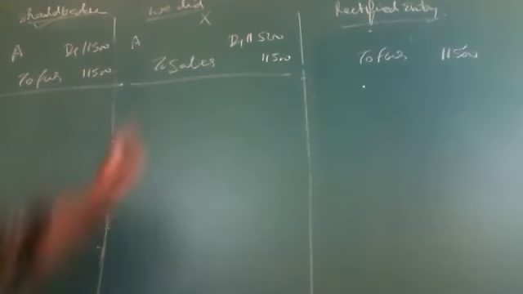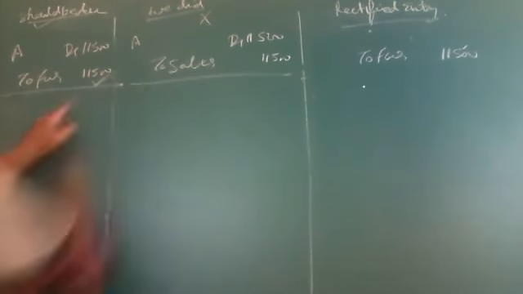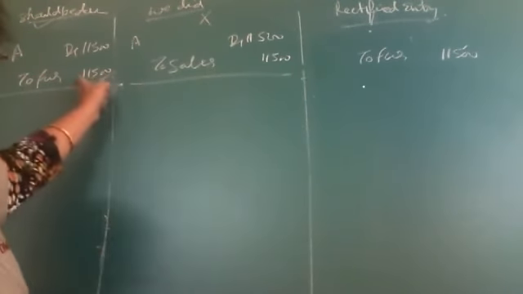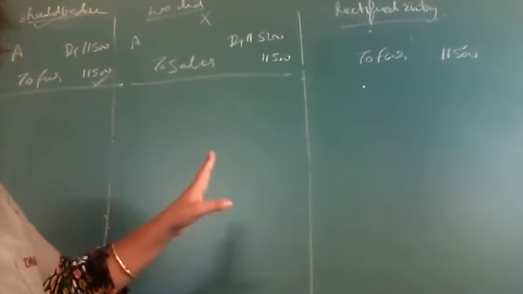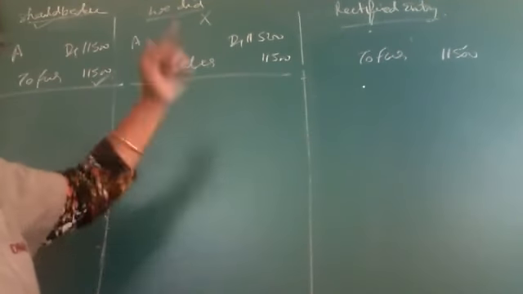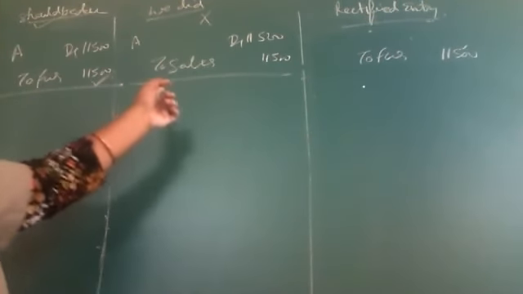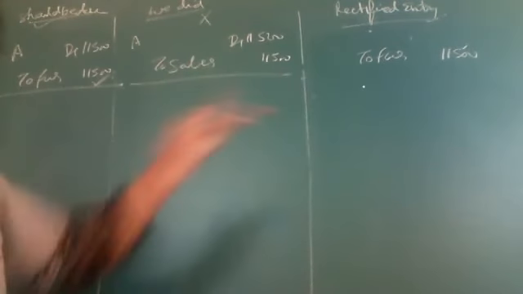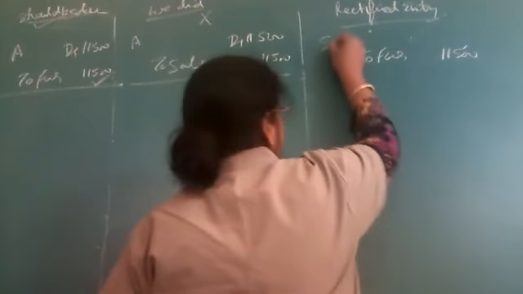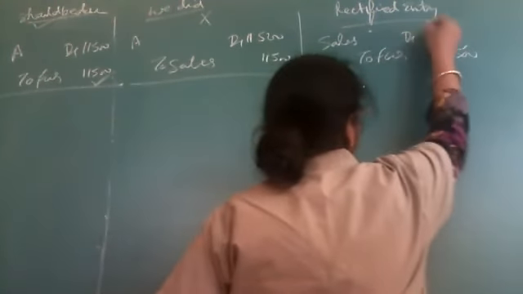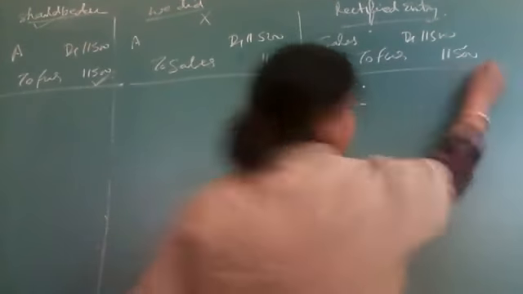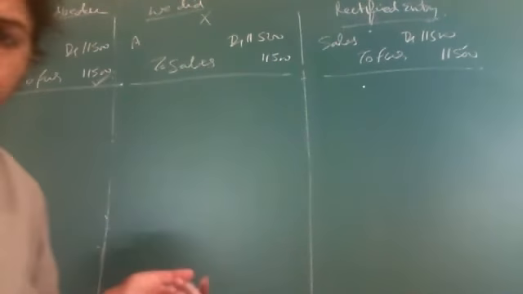Furniture 11,500. This is done. Now sale. As per the right entry, sale should not be in credit, but it is. So we will cancel it. Now we will cancel the sale. It is in credit, so we will transfer it to debit. Okay.